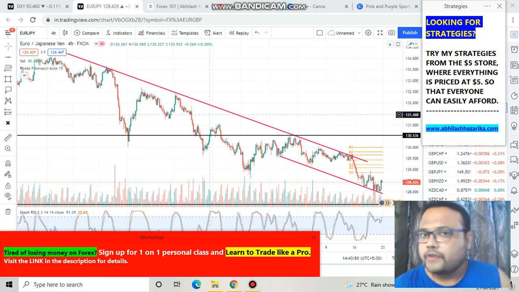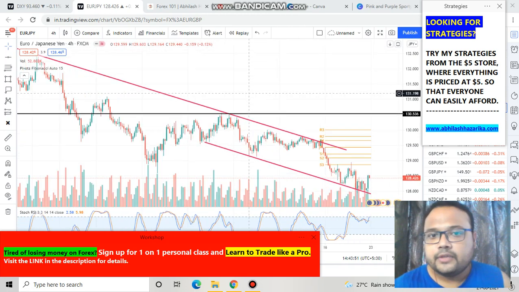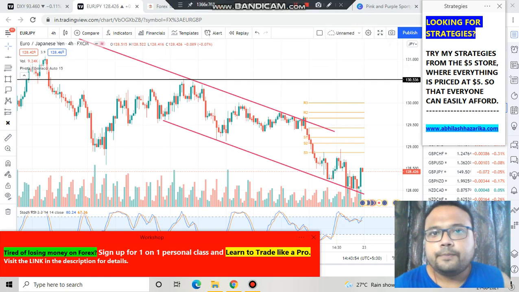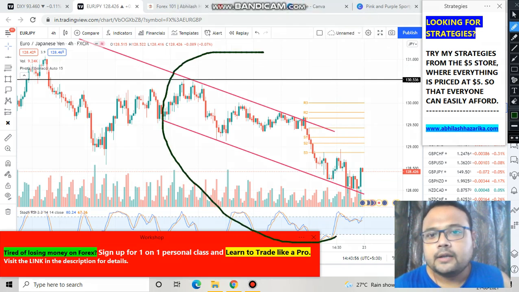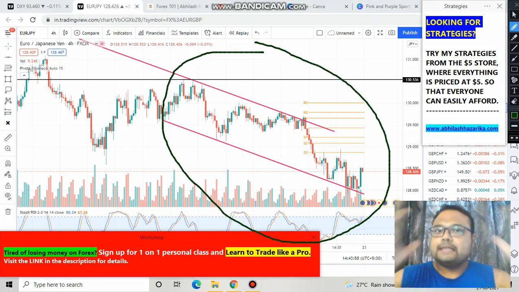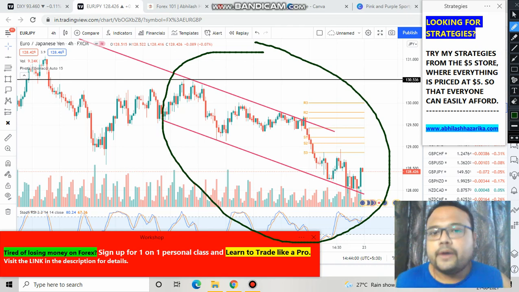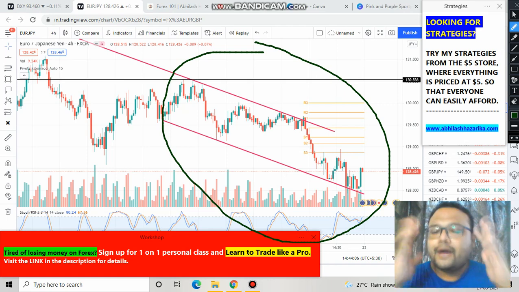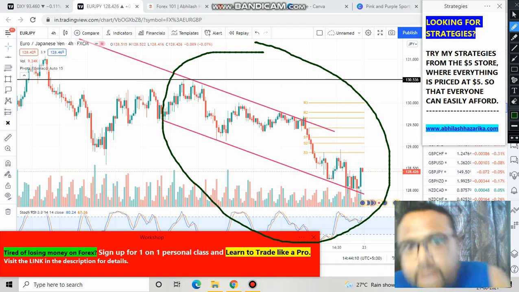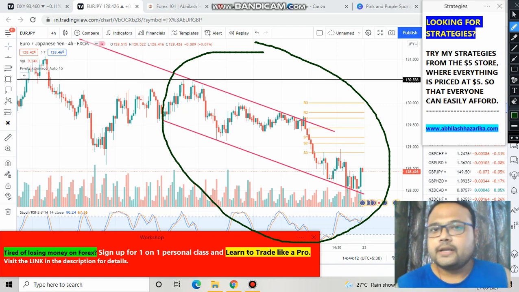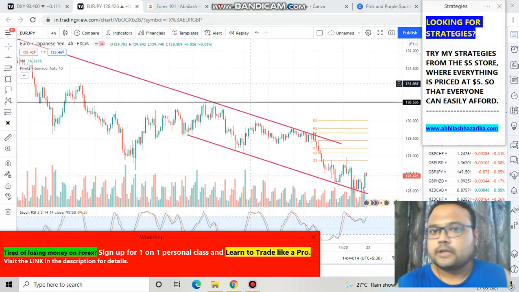So the overall trend is towards the downside, and if we just focus on the present trend of the market, we can also see that this market is extremely bearish. Sellers have huge influence on this market. Therefore it would be wise for everyone to look for selling opportunities only. So the trend is towards the downside, and there is no doubt about it.